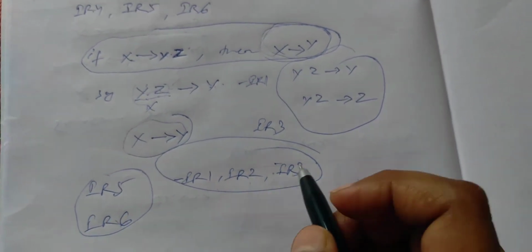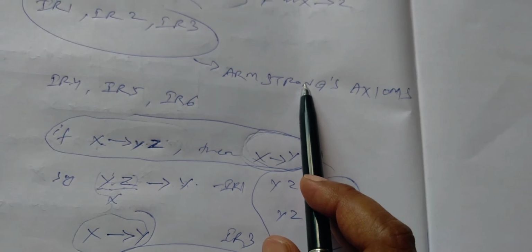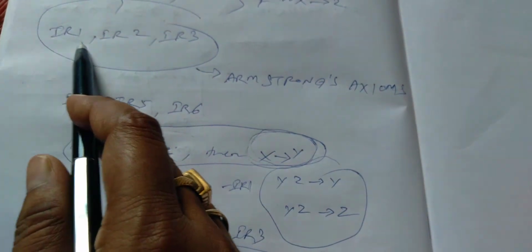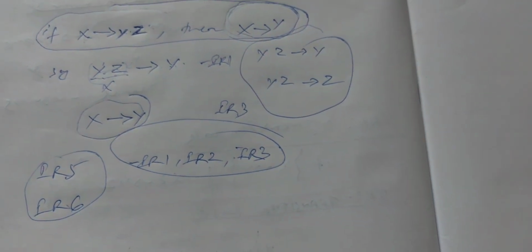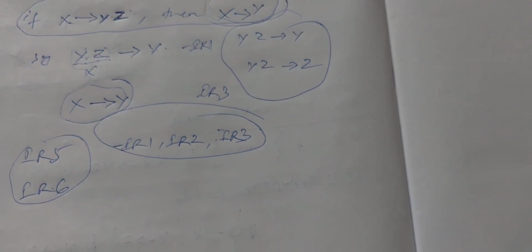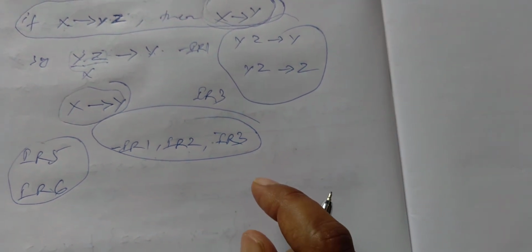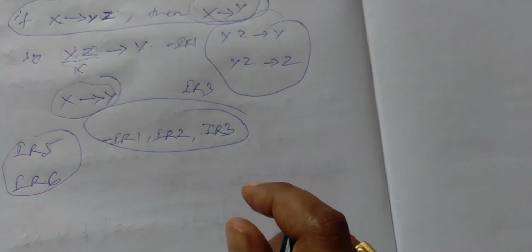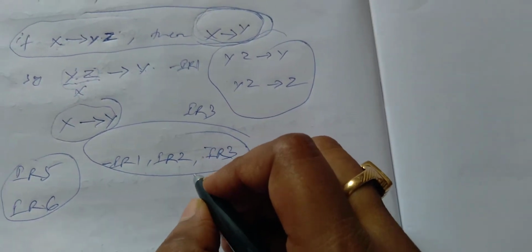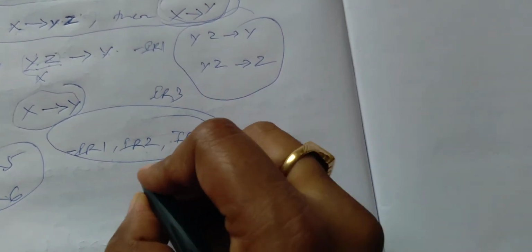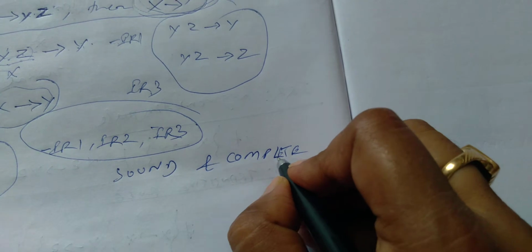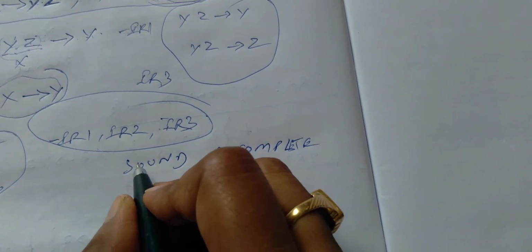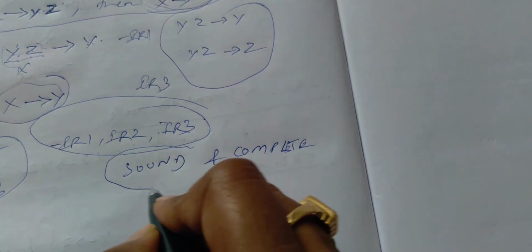So that's why Armstrong axiom says that these three rules are sound and complete. Armstrong axiom is termed as sound and complete.